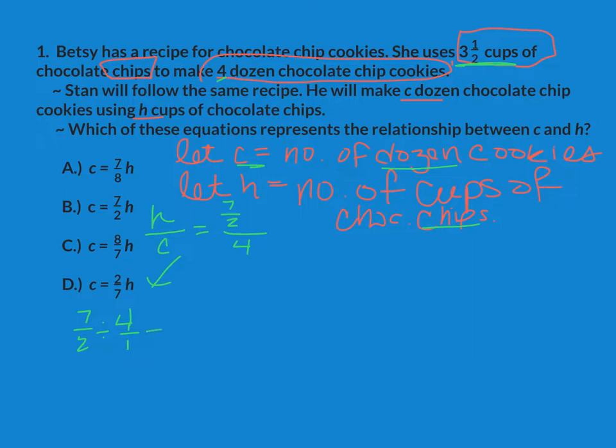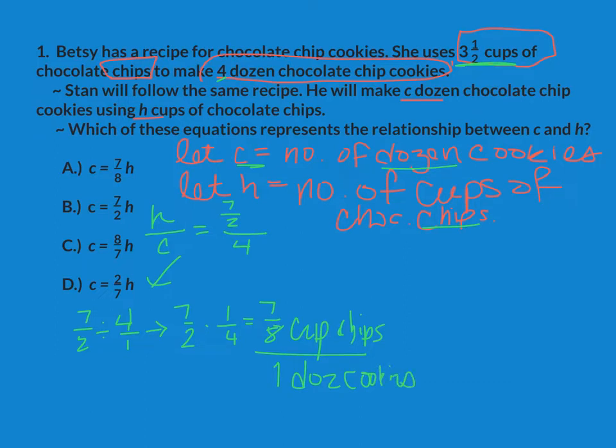So that means I'm going to keep the first, flip the second, then we multiply: keep the top with the top, 7 times 1 is 7, and the bottom with the bottom, 2 times 4 is 8. So that tells us that it's 7/8 cups of chips per 1 dozen cookies.